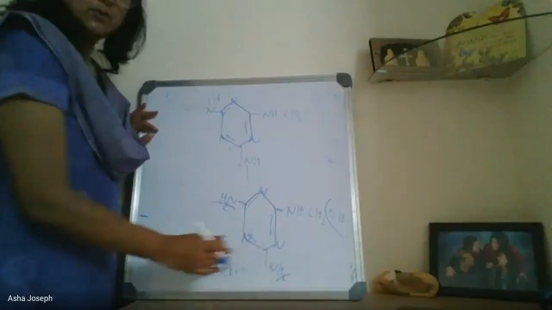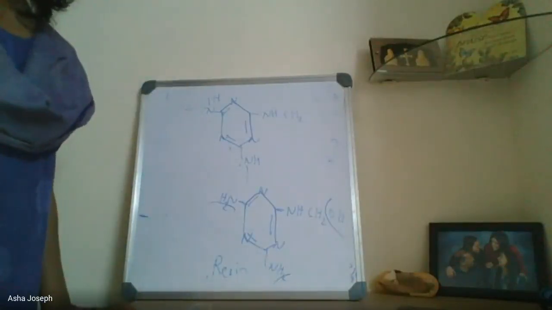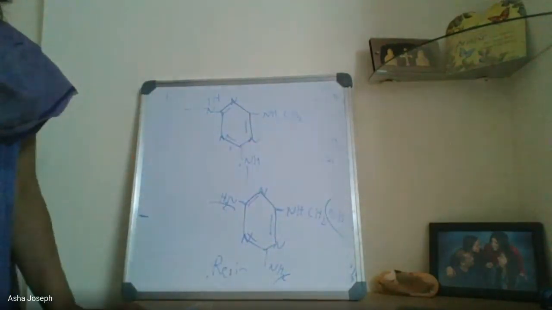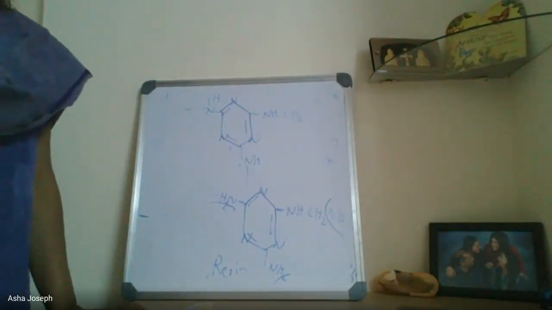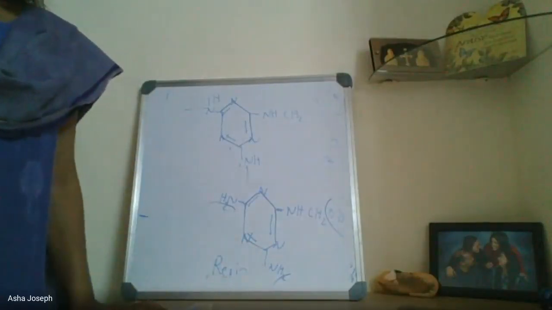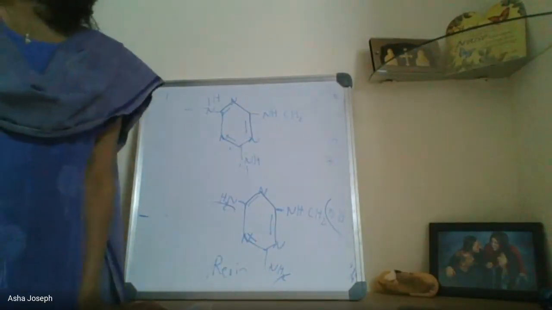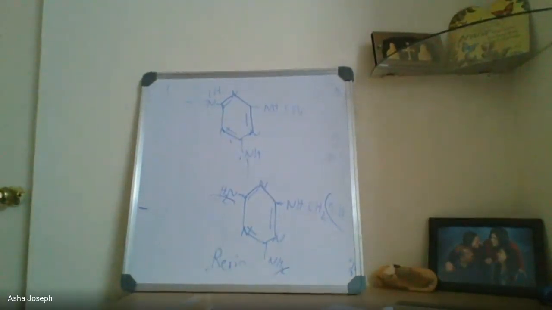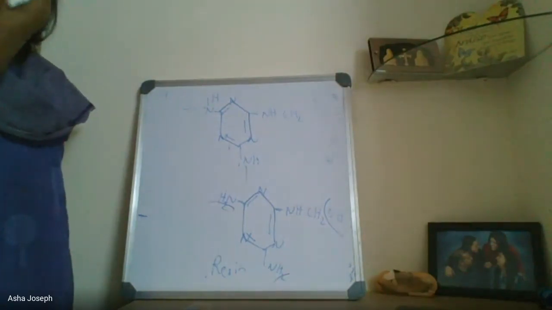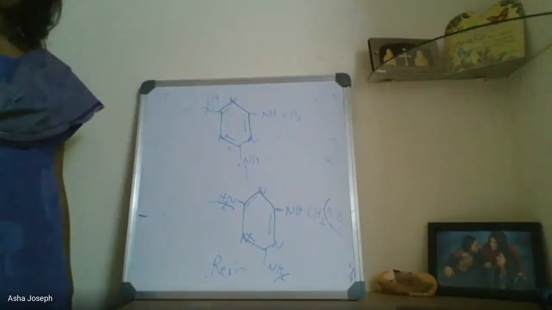Here also another. Polymer means a large number, na? And here NH of NH2 part will come. So everywhere we will remove. Here OH we will remove. Every NH2 part H we will remove. Okay? Yes, ma'am.